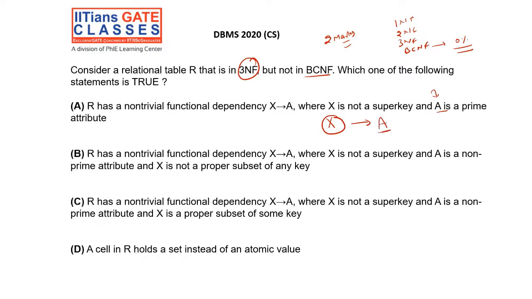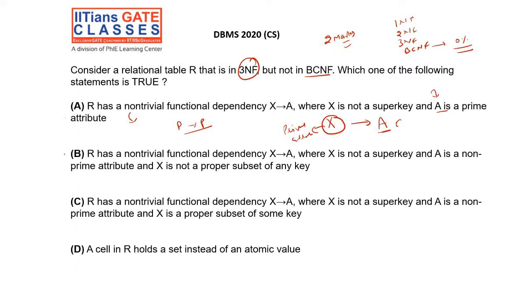If A is a prime attribute, it means from X we can generate A. And A is a prime attribute, so X also becomes prime attributes. Prime attribute to prime attribute we are generating, right? Okay. So in this they are saying in that relation prime attribute to prime attribute functional dependency is there, right?